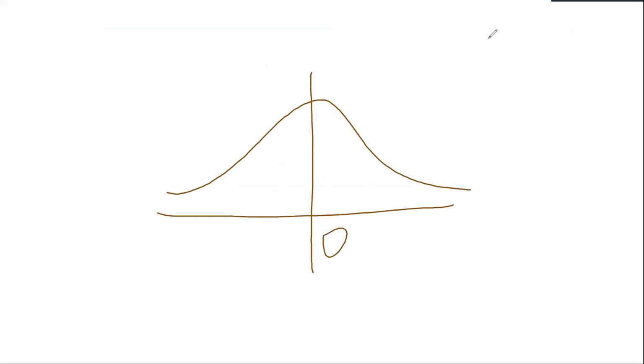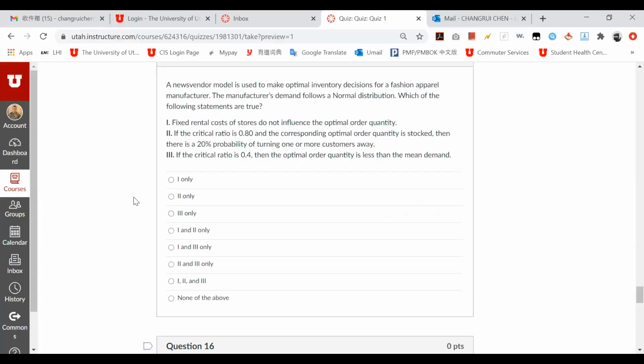This line, on the left is 0.5, on the right is 0.5. So this area is 0.4. Then the optimal order quantity is less than the mean demand.